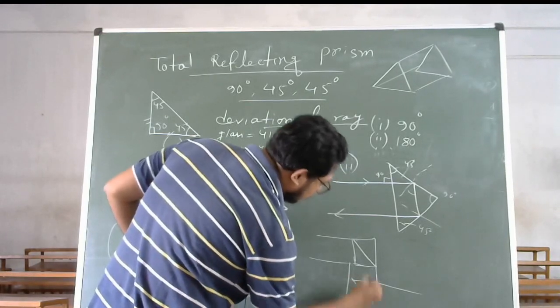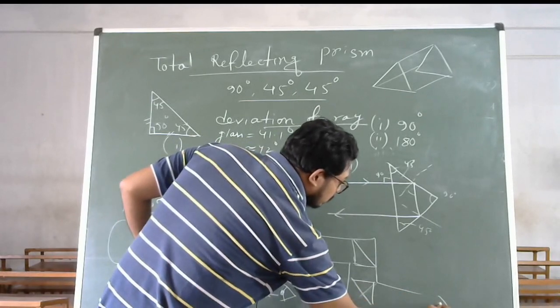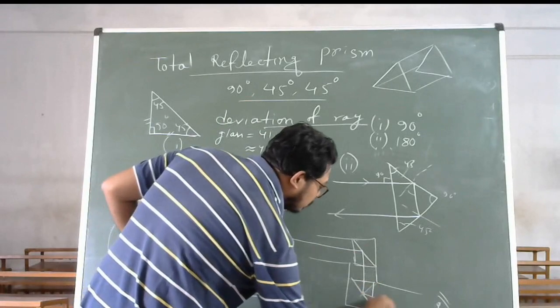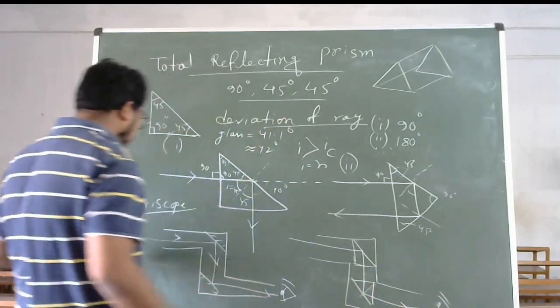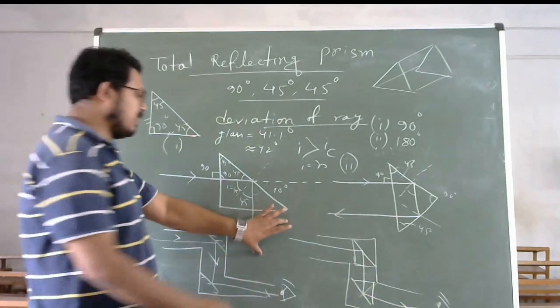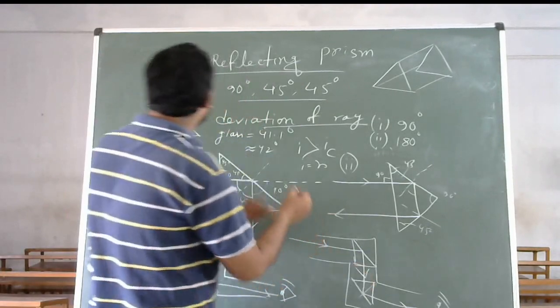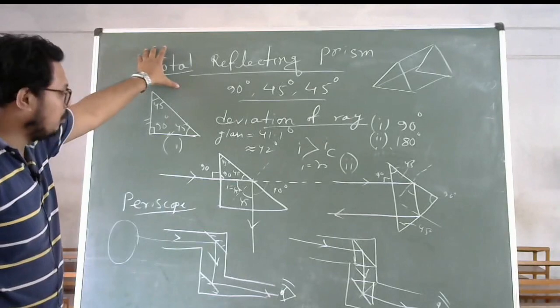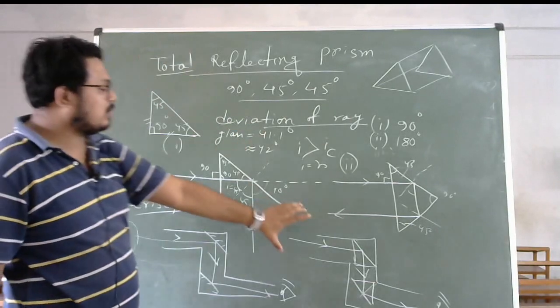which one will be better? This one is the normal reflection, and there will be total internal reflection here. Now you can tell which one is better. As I told you, total internal reflection means there will be no absorption, there will be 100% reflection.